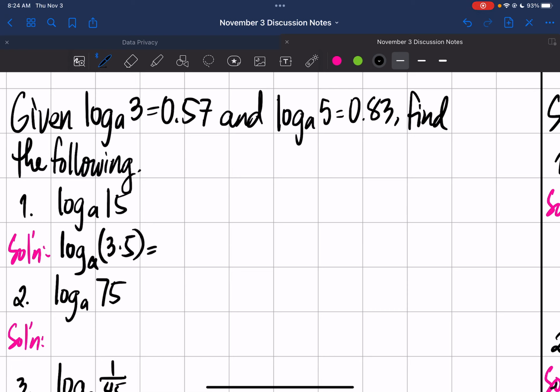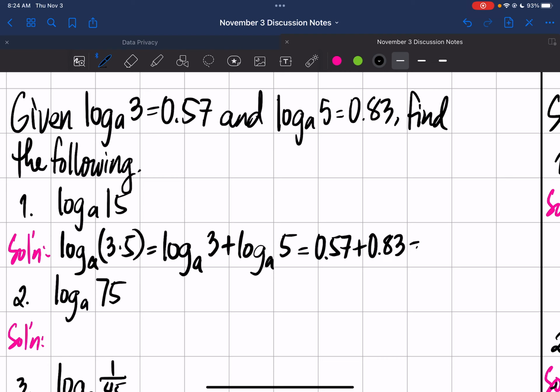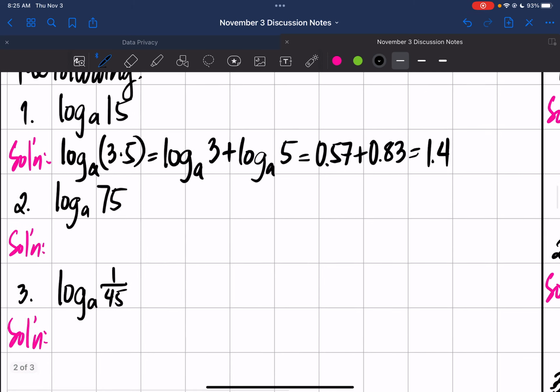And by the product rule, this becomes log 3 base a plus log 5 base a. So, log 3 base a natin is 0.57 plus log 5 base a is 0.83. And if you add this one, ang makukuha nyo is 1.4.